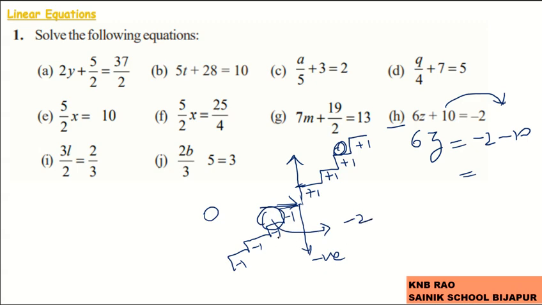And going still further down gives you a negative number only. See, adding is going upwards, subtracting is going downwards. Suppose if you are at minus 2 and if you go down by 10 more steps, you will reach minus 12, that is the 12th step downwards.